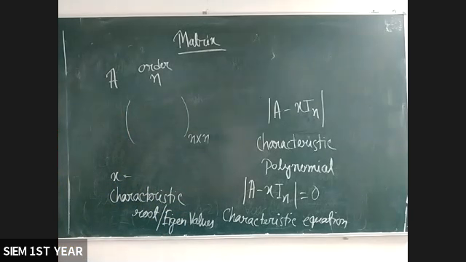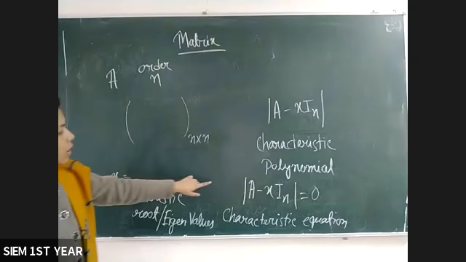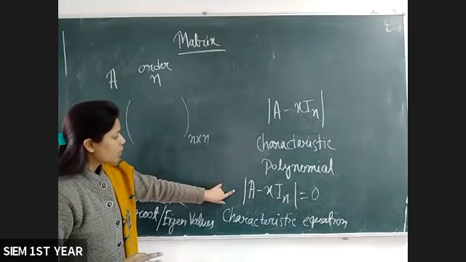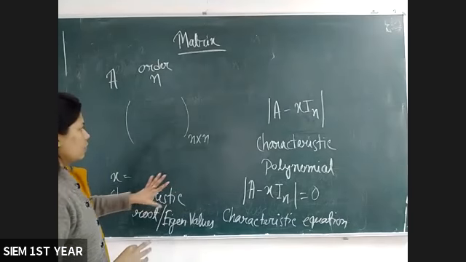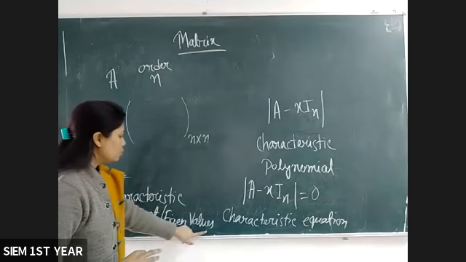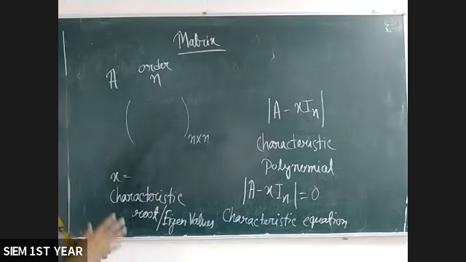They will give you one matrix and say find the eigenvalues of this matrix. First you have to consider the characteristic equation, find the roots, and these roots will be the eigenvalues.